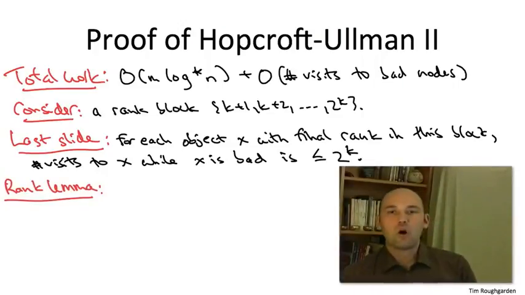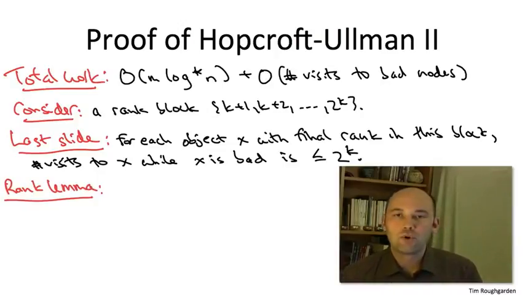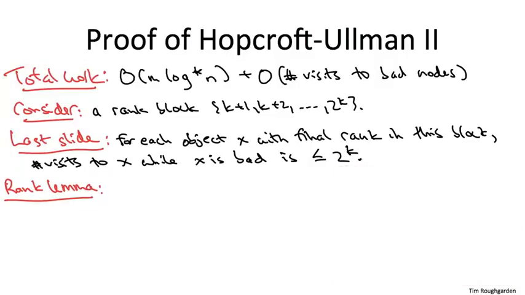Now let's use the other building block, the rank lemma. The rank lemma, you'll recall, says that at any given moment in time and for any possible rank r, the number of objects that currently have rank r cannot be any bigger than n over 2 to the r. So let's use the rank lemma and apply it to upper bound how many nodes could possibly have their final frozen ranks lying somewhere in this rank block. Could have their final frozen rank somewhere between k plus 1 and 2 to the k.